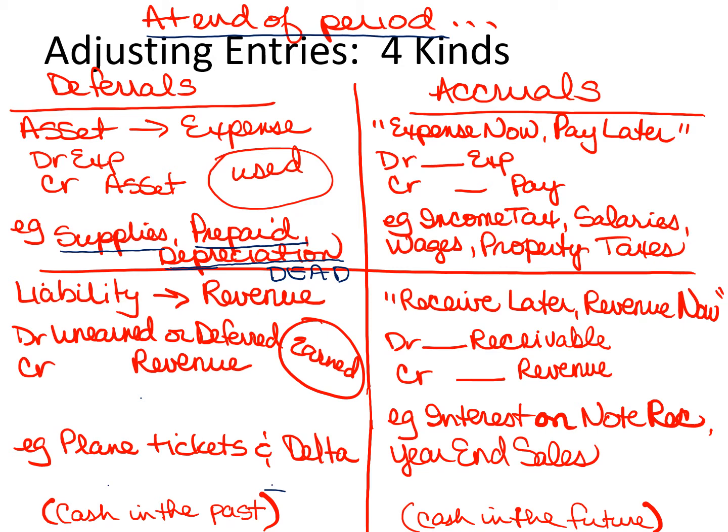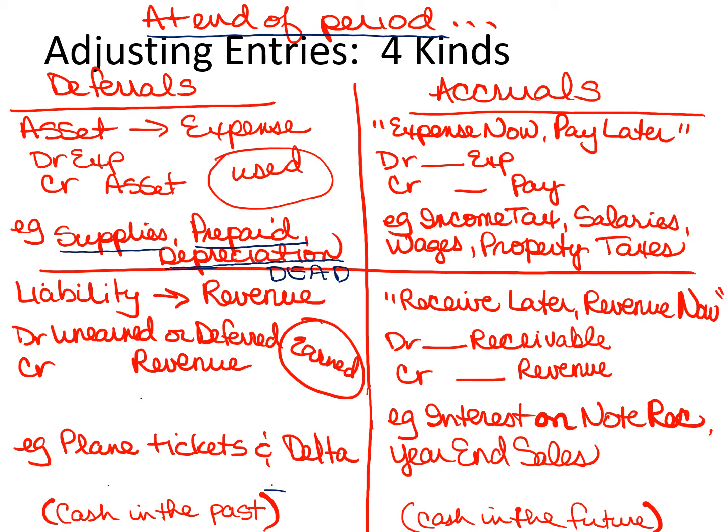Other deferrals are where we're looking at a liability account and going, some of that unearned revenue, remember Delta and my plane tickets? Because I have a lot of unearned revenue that's sitting in Delta because I had to cancel a whole lot of planes. And I need to go fly because Delta has promised me plane rides through 2022.